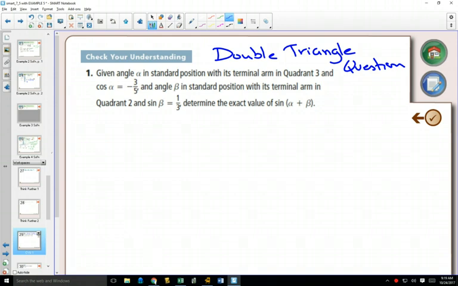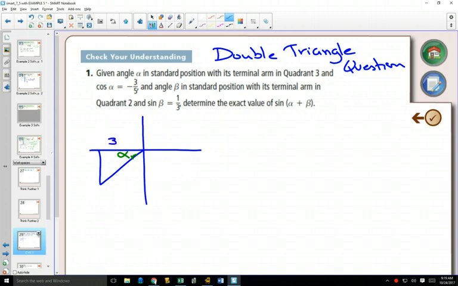So it's a double triangle question because you're going to take your first angle, which is alpha. You know it's in quadrant 3, so you draw it in quadrant 3 with your reference angle for alpha. What can I label on that triangle? Well, since I know that cos alpha is -3/5, which sides can I label?